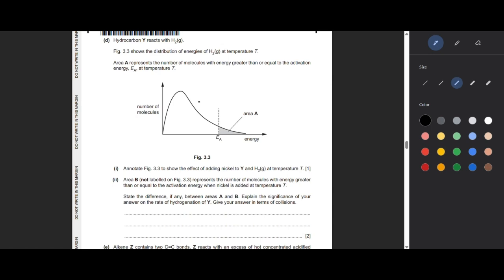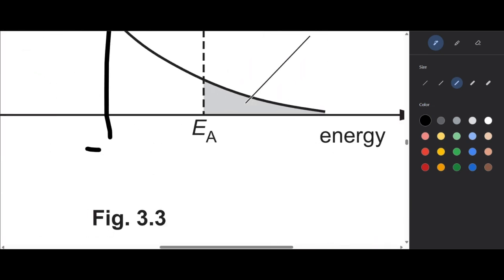I will add it in here. Okay, so this is the EA, activation energy, in here.